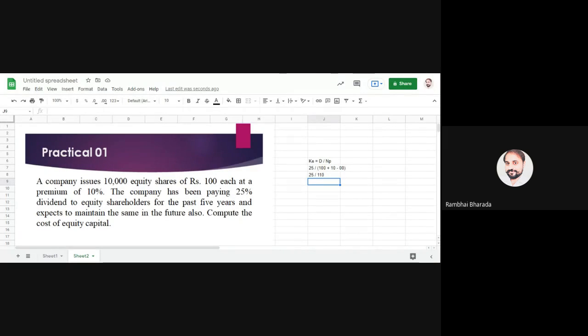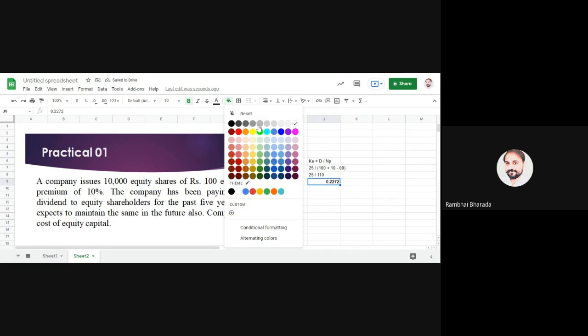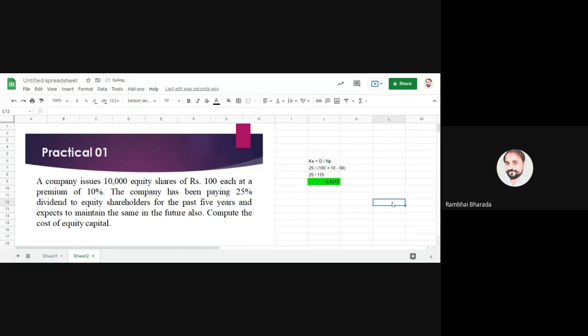Your answer must be 0.2272, up to 4 decimals. Are we clear? Concept, formula, calculation is clear? Okay.